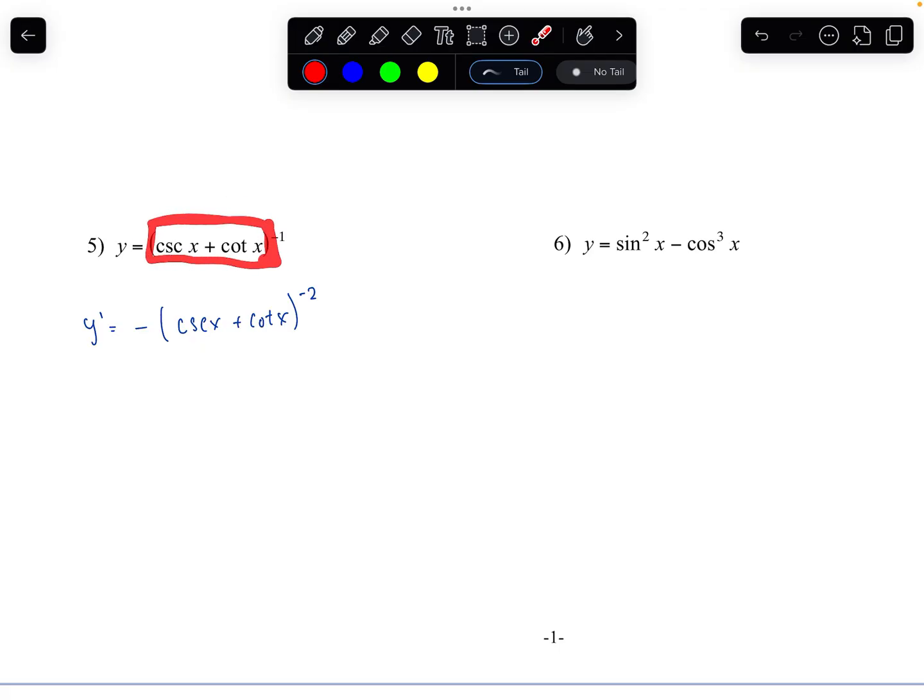Look at what we have here. Take the derivative of that. So multiply by the derivative of cosecant, which is negative cosecant of x times by cotangent of x, and then minus the derivative of cotangent of x, which is cosecant squared.